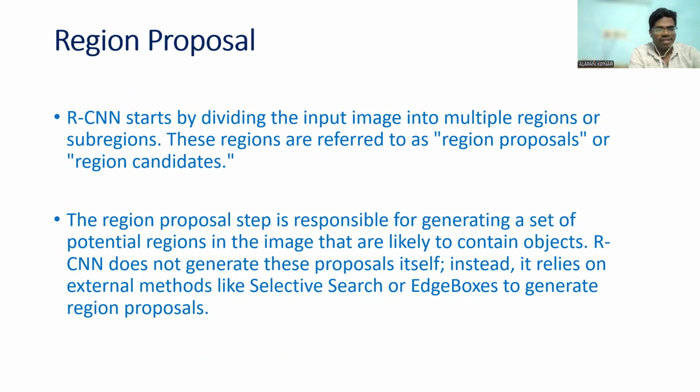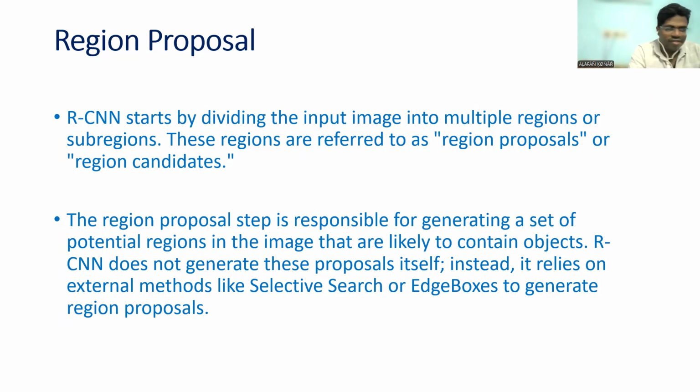Now about the region proposal, because you have to remember RCNN is the bounding box concept only. Whatever the object, it will be bound by a box, and the coordinates are also important. The first stage is always generating region proposals, which are bounding boxes, or regions, that contain objects of interest within the particular image.